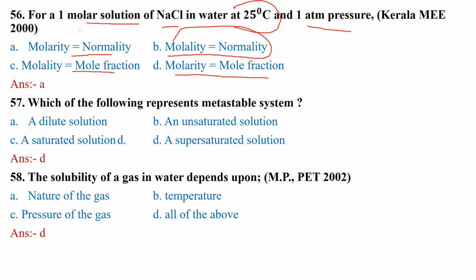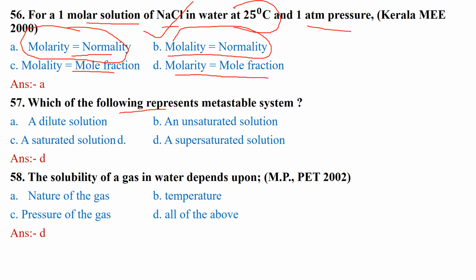However, molarity is equal to normality in the case of sodium chloride, because the charge in sodium is only 1, and in chlorine only 1. Then molecular weight divided by 1 means molecular weight and equivalent weight are the same value in sodium chloride. So molarity is equal to normality, because the value of n factor is 1.